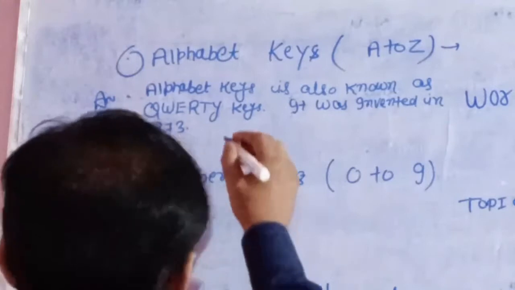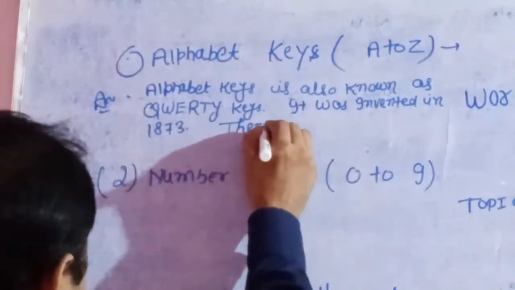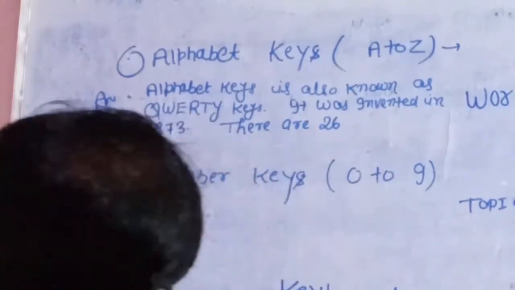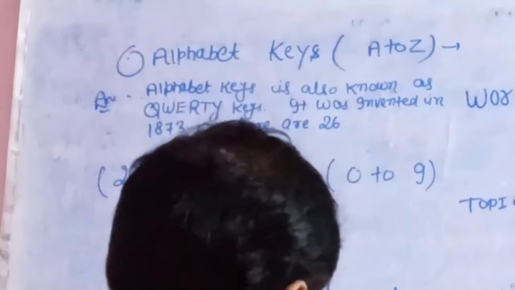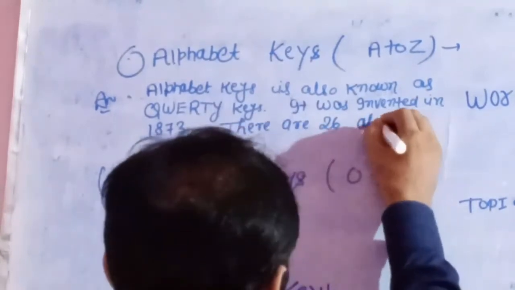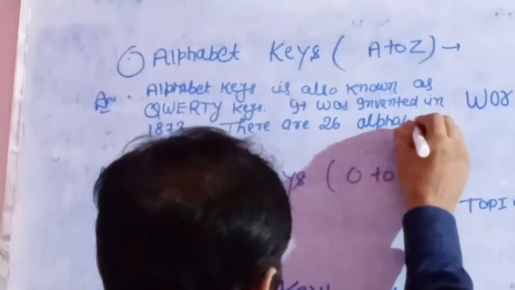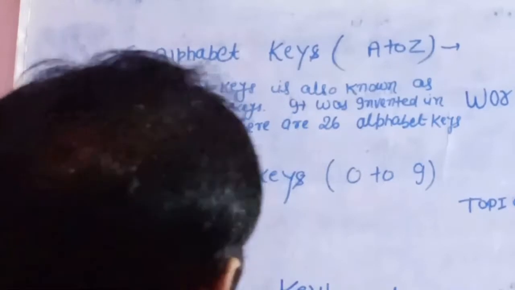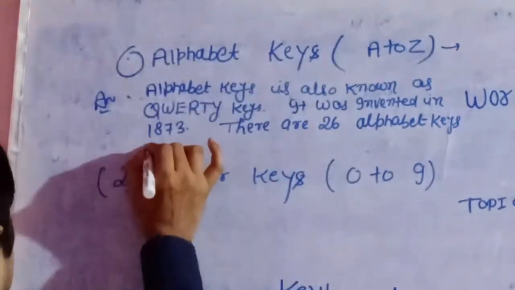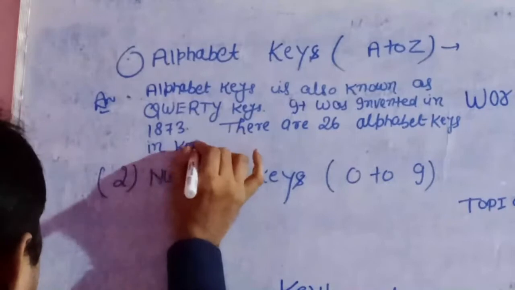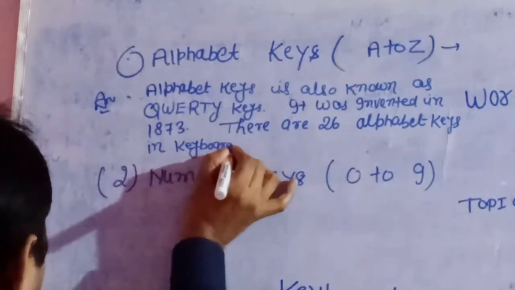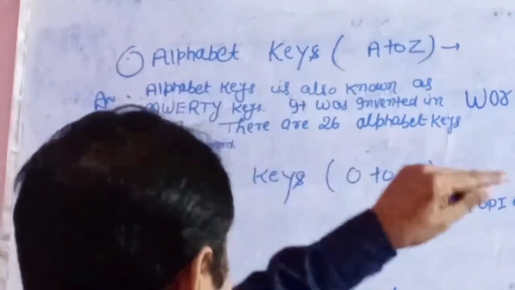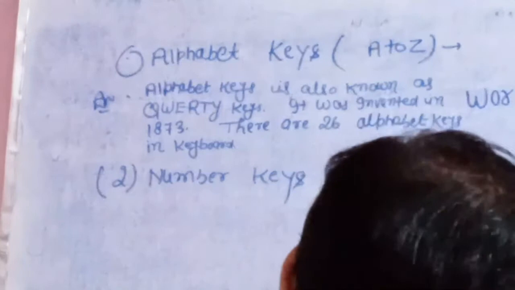There are 26 alphabet keys in the keyboard. How many keys are available in the alphabet keys? The 26 alphabetical keys are available in the keyboard.